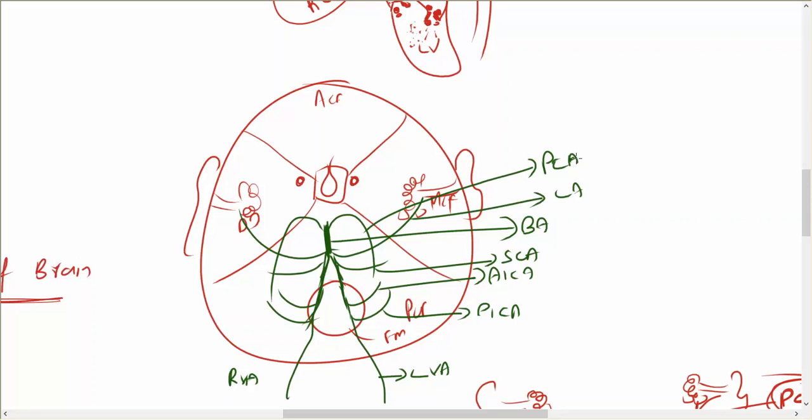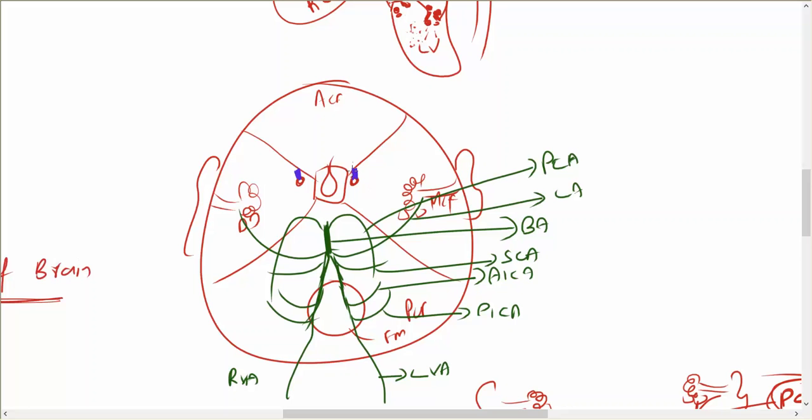Now let's draw the anterior circulation in blue color. This is the carotid artery, right and left carotid artery, which comes inside through the carotid canal going to the foramen lacerum.